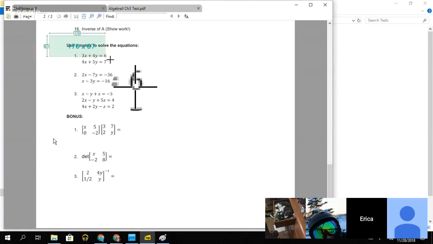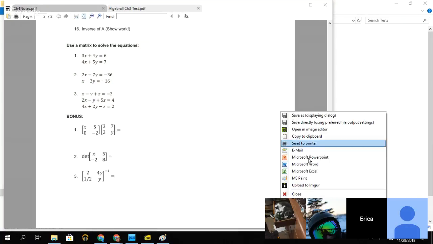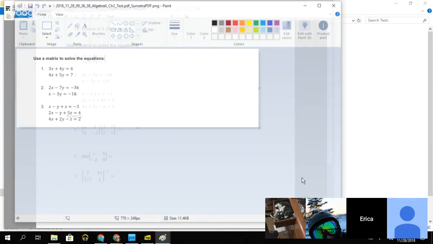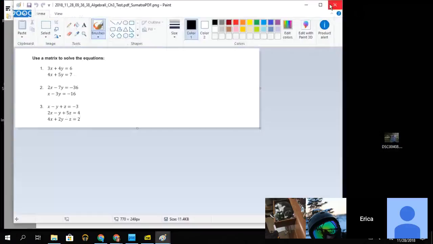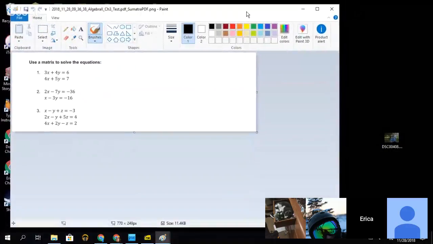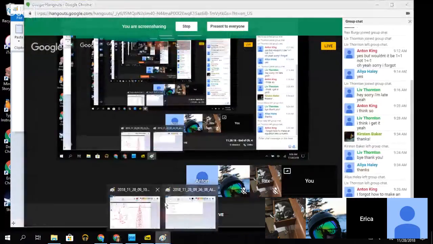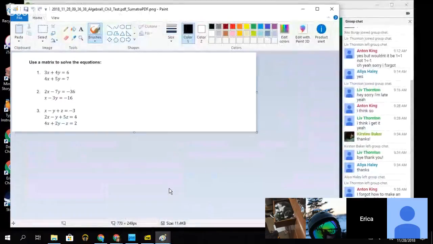Like I said, I saw everybody had it blank, so maybe going through it one more time will help you understand it. So what we're going to do is use matrices to solve these kinds of equations. It sounds really intimidating, but it's really not bad at all.